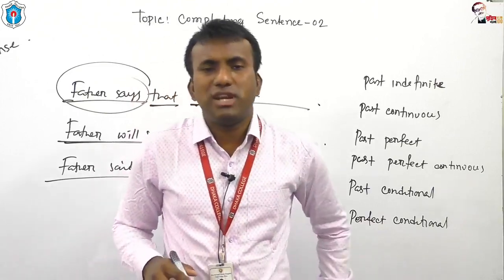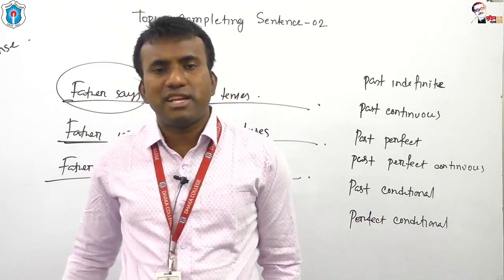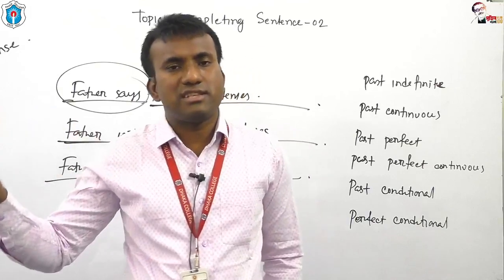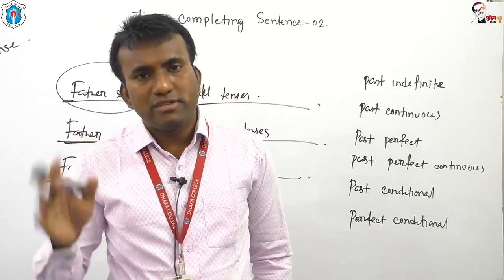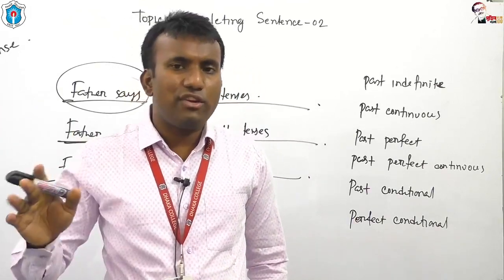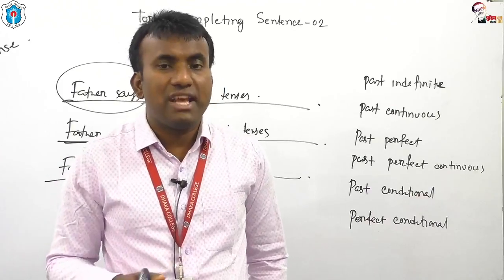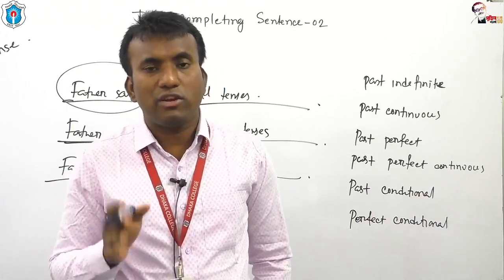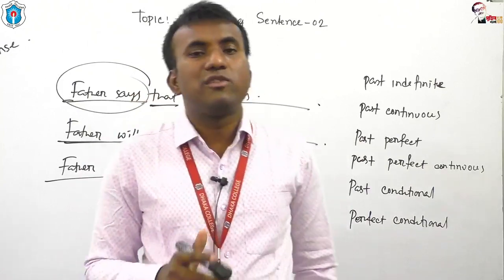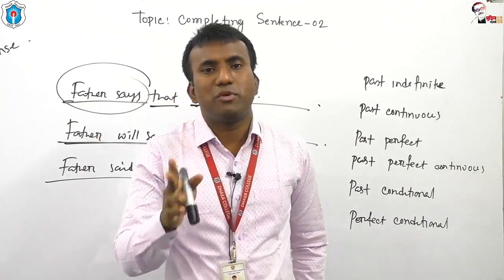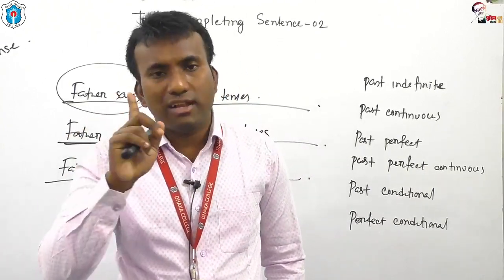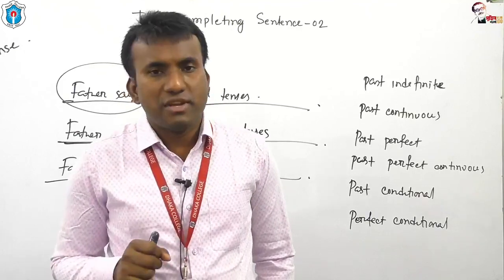So my dear students, if principal clause is in present tense, you can use all the tenses in subordinate clause. If principal clause is in future tense, you can use all the tenses in subordinate clause. But if principal clause is in past tense, you can use only past tenses in subordinate clause, but you can use another one tense, and that is present indefinite.